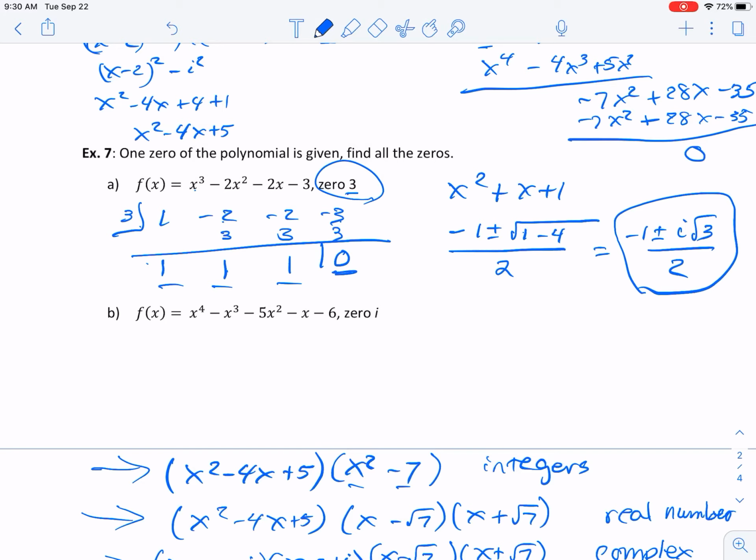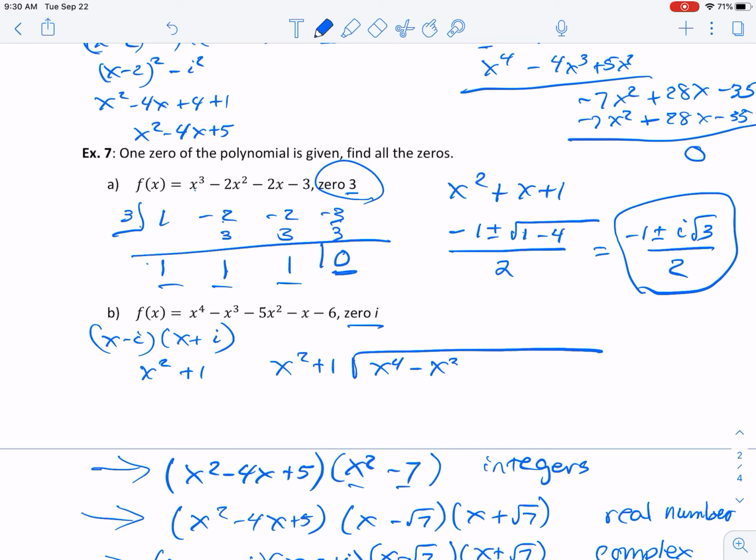This one, they told me i is a zero, so I know x minus i and x plus i are roots, or factors. If I square this, you get x squared plus 1. Now I have to do long division again. x squared plus 1, x to the 4th minus x cubed minus 5x squared minus x minus 6.